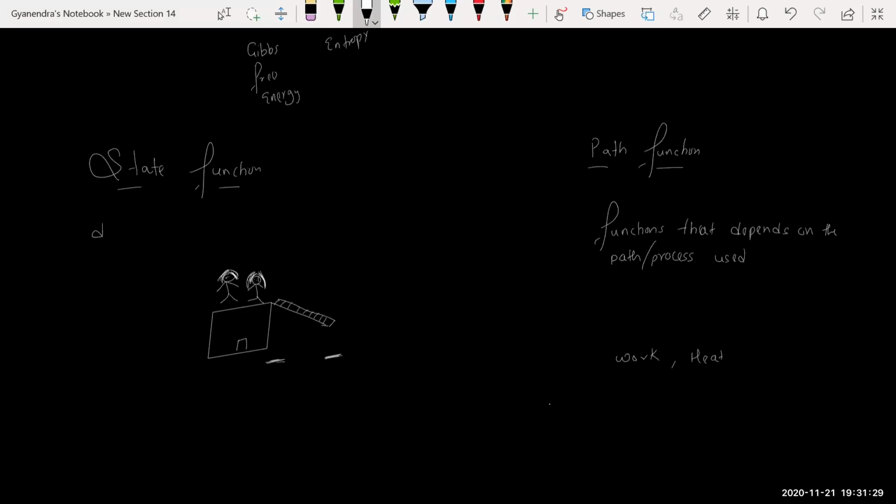So state functions are those functions that depend only on the initial and final state of a system. That is what we call a state function.